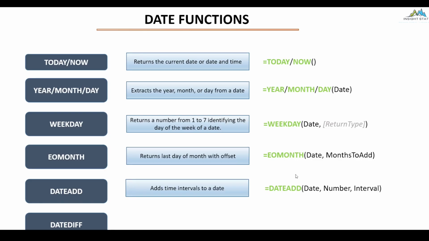So let's say I come up with 5th of January 2025, number is 30 and the interval is month, right? So it will calculate a 30-day interval, or it will calculate 30 days hence. So we'll be looking at maybe 4th of February 2025 or 5th of February 2025, right?